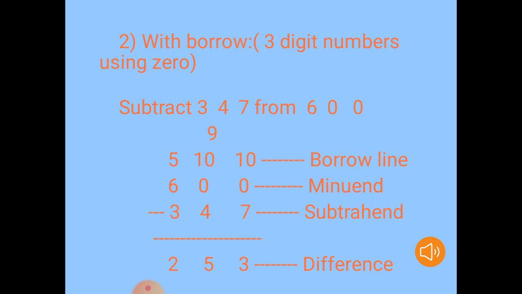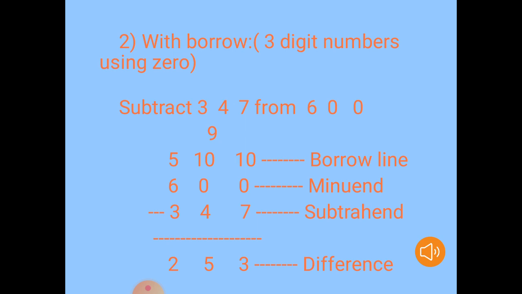As you all know, the hundreds place is 10 into 10. So here we are going to borrow 1 hundred as tens from the hundreds. So 6 becomes 5 and we take the tens here in the tens place. So 0 becomes 10. From this 10, we are going to borrow 1 to the units place. So now 0 becomes 10. So 10 minus 7 is possible.